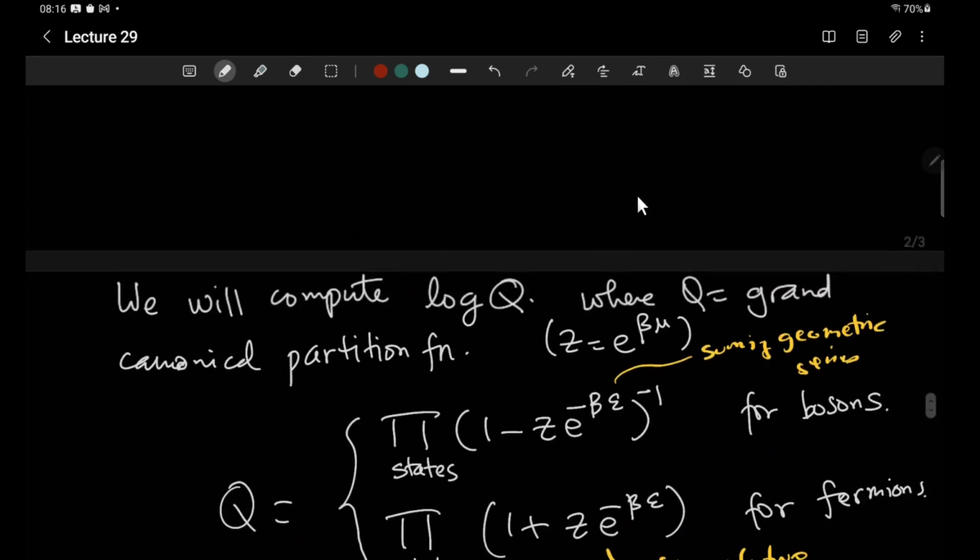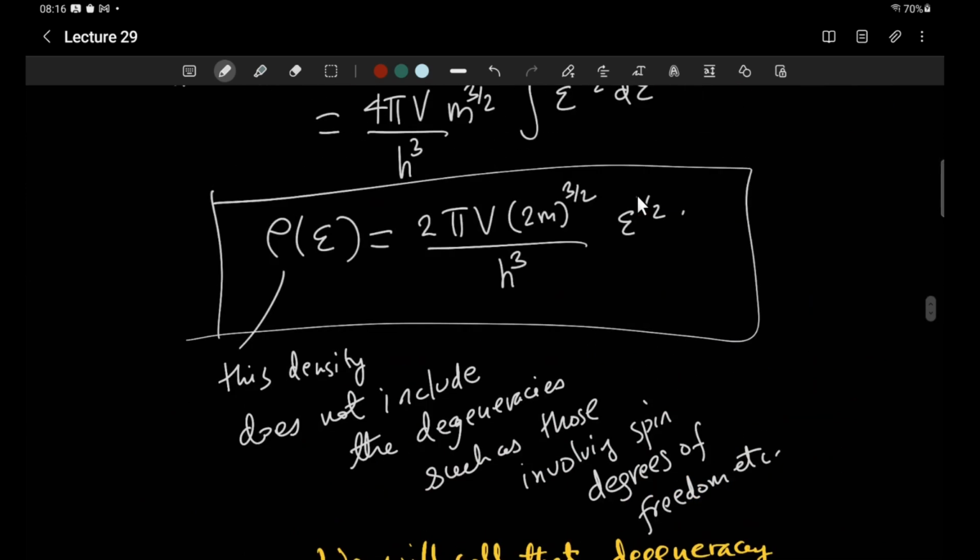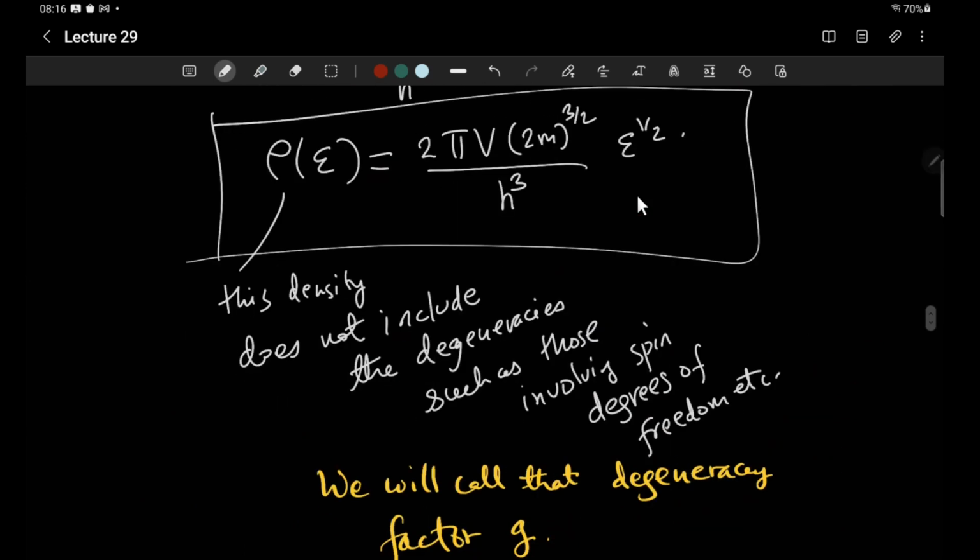And I want to just massage this rho in a particular fashion. Sorry, I'm going back and forth. So let's just define lambda, the de Broglie wavelength, to be h upon (2 pi m k_B T) to the power half. Let's just leave lambda here. It's just a thermal wavelength.